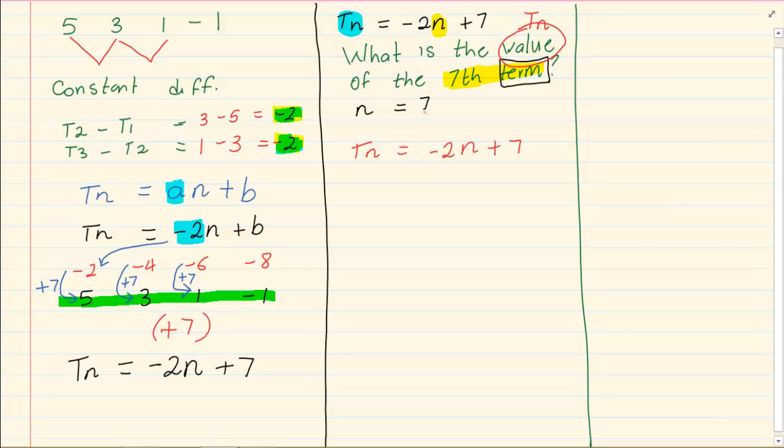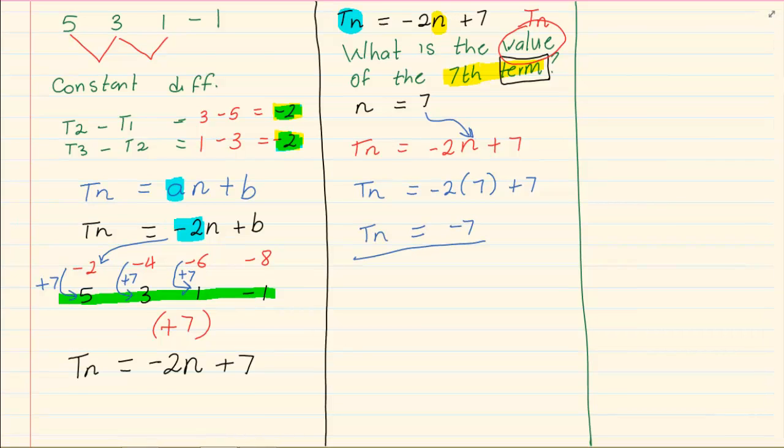We're simply going to take the 7 and substitute it into n because that is what was given. So we got Tn is equal to minus 2 into 7 plus 7, which is equal to minus 7. So what is the value of the 7th term? The value of the seventh term is minus 7.